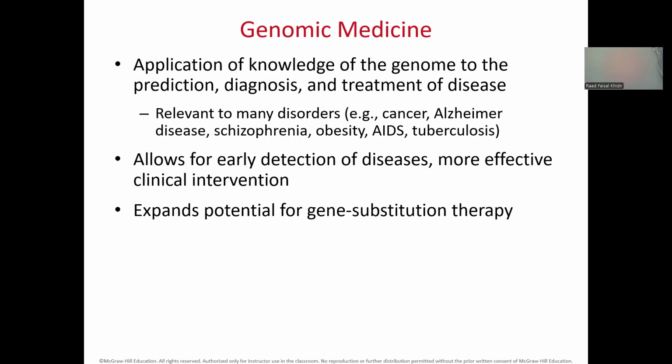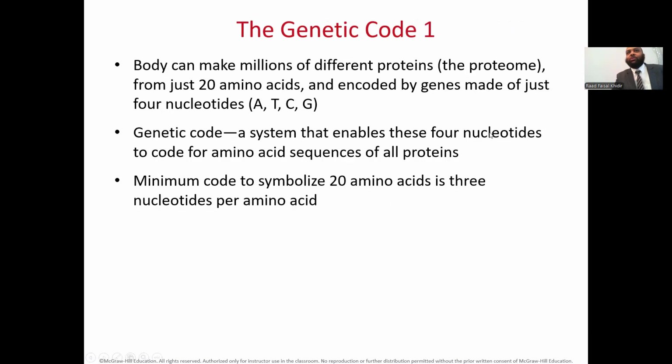So we study that particular region in the DNA, and we want to find out what leads to those polymorphisms, what leads to those changes. So we study that in genomics. It's relevant to many disorders like cancer, Alzheimer's disease, schizophrenia, obesity, AIDS, tuberculosis, and so on.